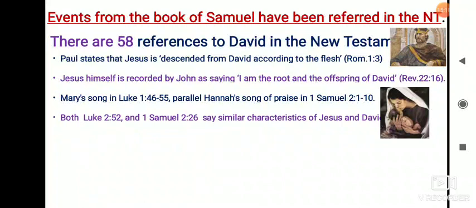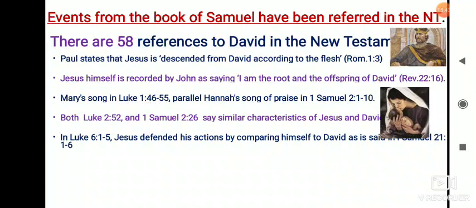In Luke 2:52, Luke wrote that Jesus increased in wisdom and in stature and in favor with God and man. In 1 Samuel 2:26, we read that the boy Samuel continued to grow both in stature and in favor with the Lord and also with man.